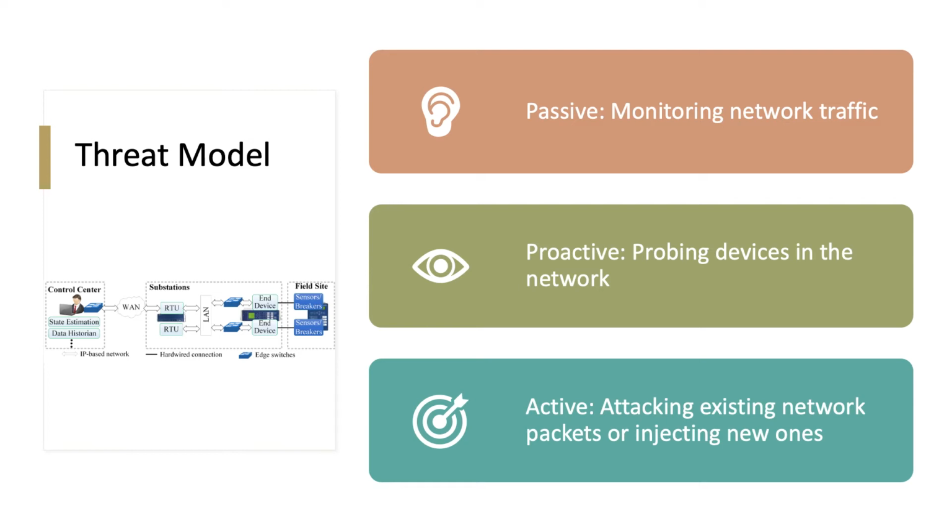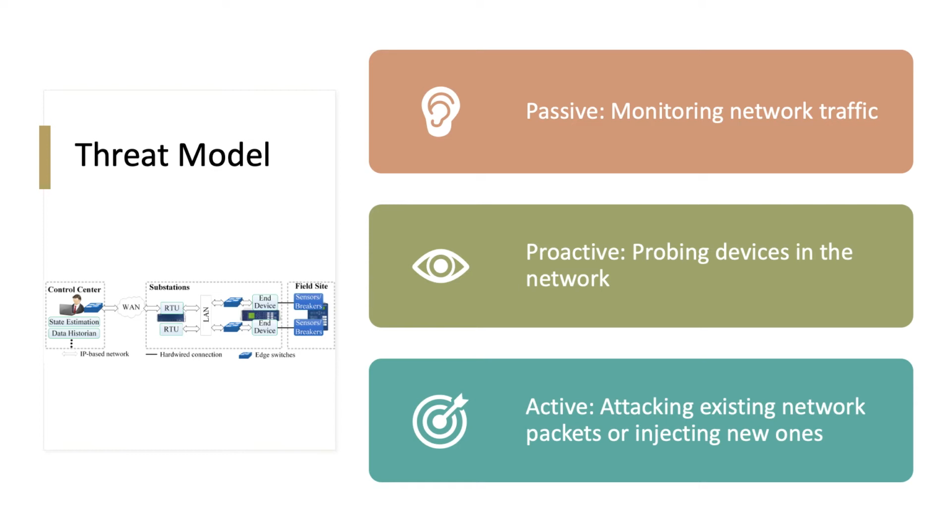And there are mainly three types of attack covered in this paper. The first one is called passive attacks. Basically, it's just packet sniffing, like monitoring the current network traffic. And the second type of attack is called proactive attack. Well, it's just probing the network to see what is present and what is not in the network.